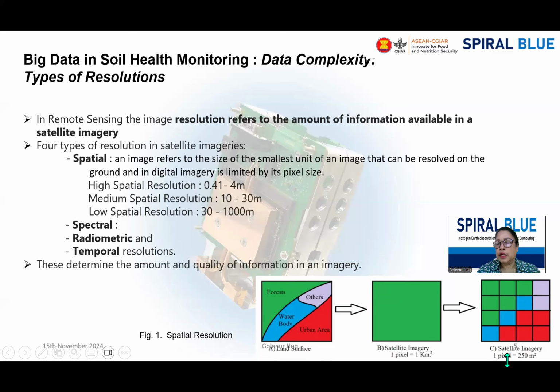Check out this one, where the pixel size is 250 square meters. Now, at least we can find some areas covered by forest. Here you can see urban areas, these are water, and then others again. Let's check out some examples from video.